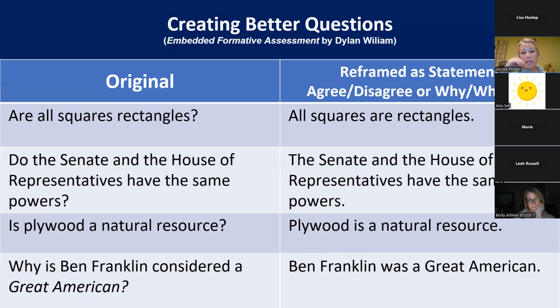I think too, we are always reading ahead, looking at our lessons. And this is not necessarily a part of the lesson that I've ever thought about editing or changing myself. After going through this PD, I would be annotating my questions now and thinking, is this a text dependent question?